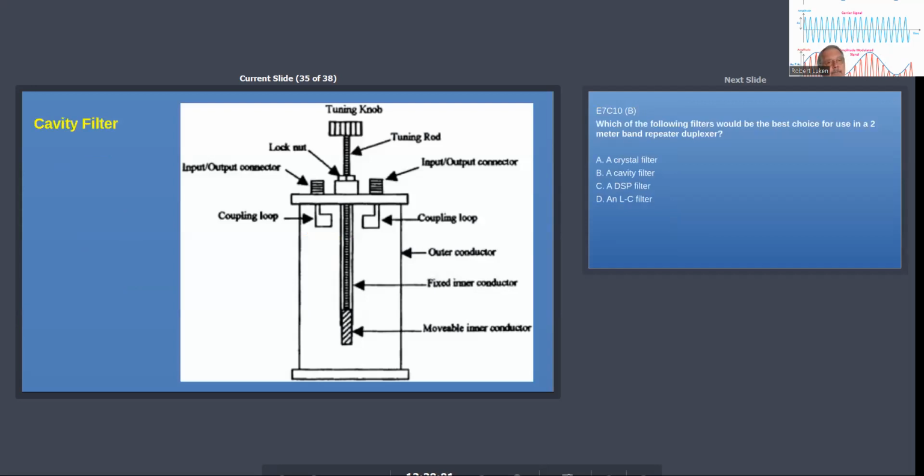I'm assuming that center cylinder with the slug that moves in and out is changing the inductance as well as the capacitance. And then you couple it with those little in and out things. It would be in between the repeater transceiver and the antenna.